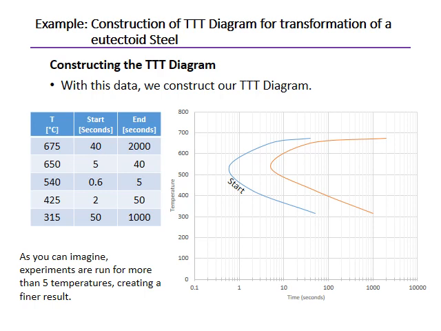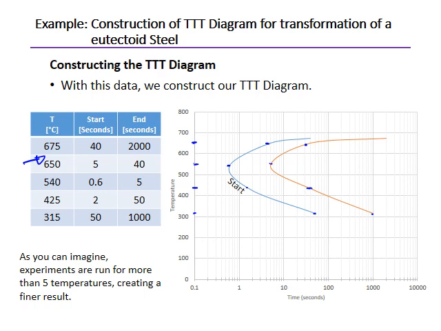So every time that we make an analysis, 650, the start and the end, 540, the start and the end, 425, the start and the end, 350, start and the end.